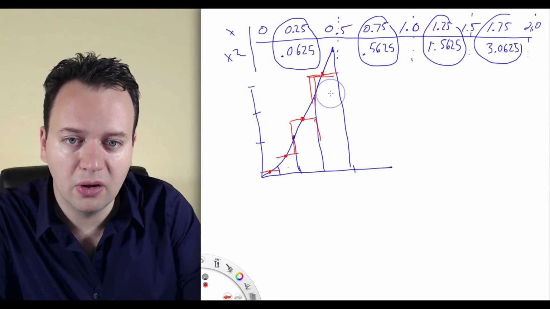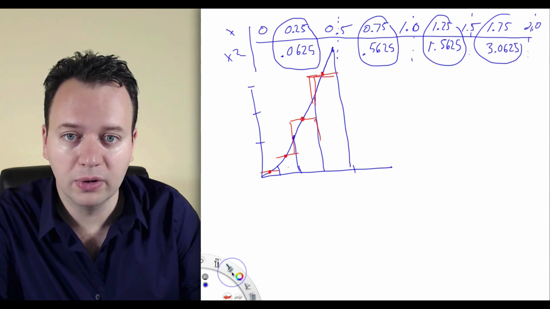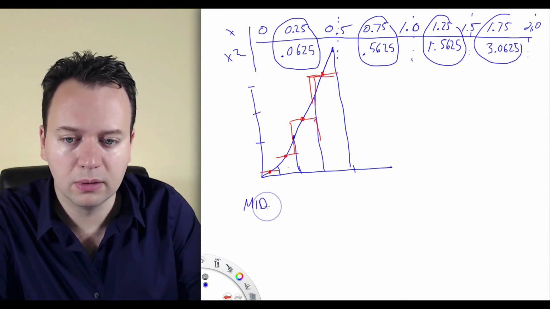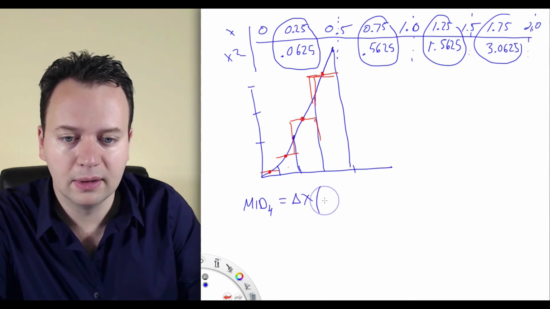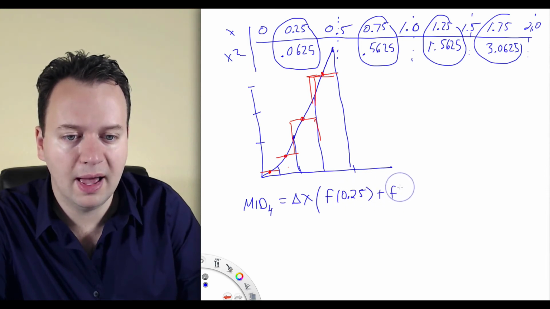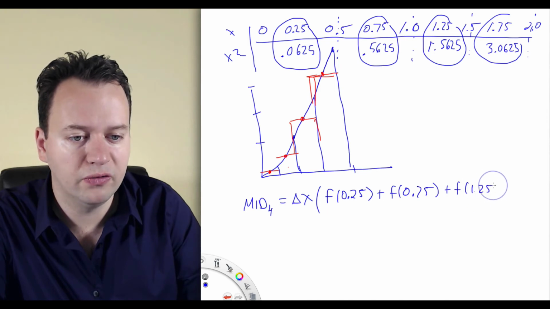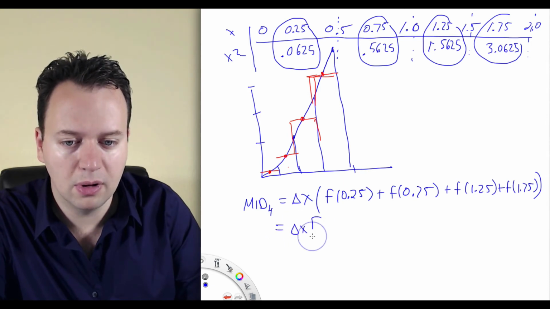So we're using the function evaluated at the midpoints to estimate what's going on here. So the midpoint rule with 4 is going to be delta x times f of 0.25 plus f of 0.75 plus f of 1.25 plus f of 1.75. So we're using the midpoints for each of the rectangles.